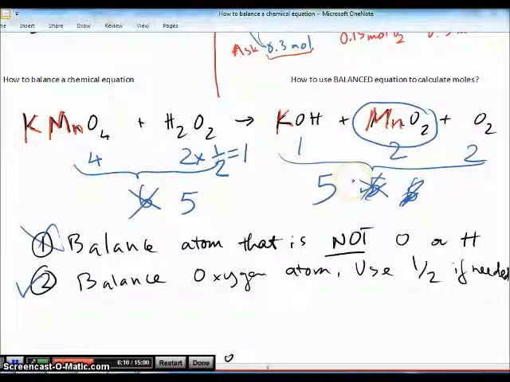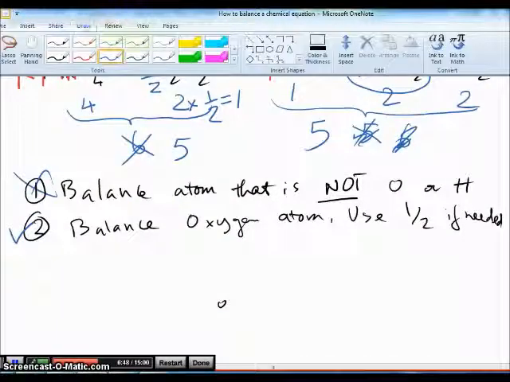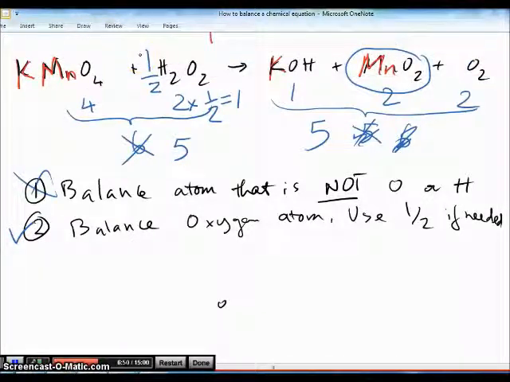Then I will have balance on both sides. Okay, 1/2. All right, so we're done with step number 2. And in the process of doing step number 2, we didn't screw up step number 1. That's a key point.